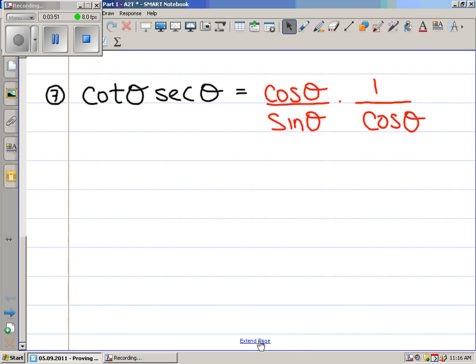And this stuff on top will all end up together, and this stuff on bottom will all end up together, and then you could reduce. But since it's going to end up that way anyway, we can do something called cross-canceling. And you're only allowed to cross-cancel one item at a time. So here's what we get. In the end, we get 1 over the sine of theta. It is the same thing as the cosecant of theta, but we want everything represented for these particular scenarios in sine or cosine. Okay, Mick?